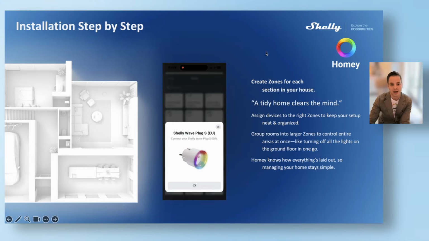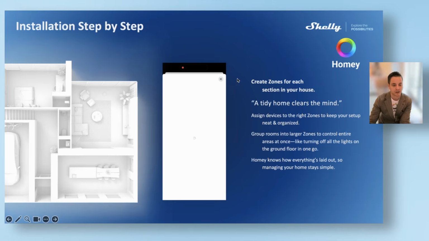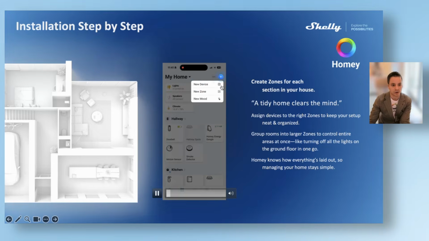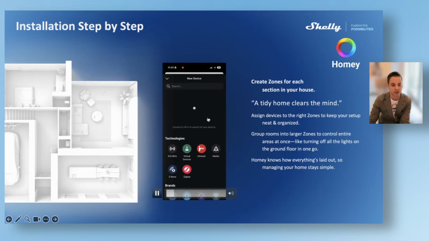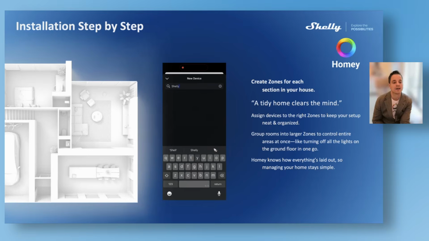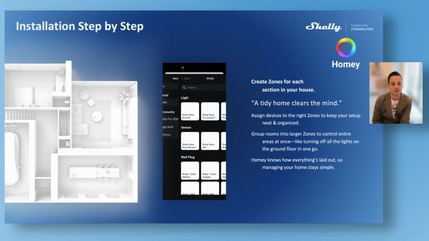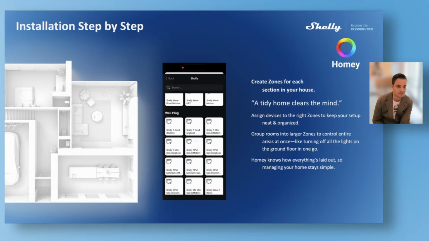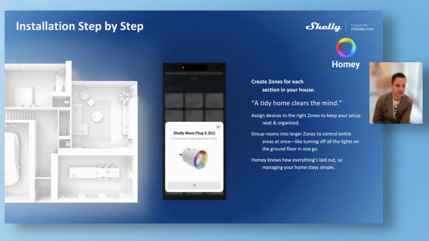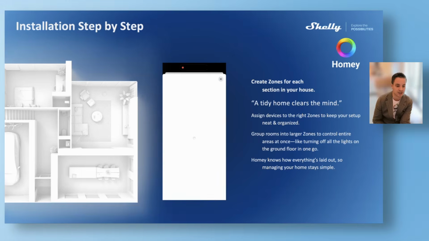If you then want to add a device, it basically goes as such. So you go on plus, new device, search for, in this case, of course, Shelly. Then you see a list of different products, as there are so many. And then you can connect, in this case, the wave plug, the Z-Wave version.